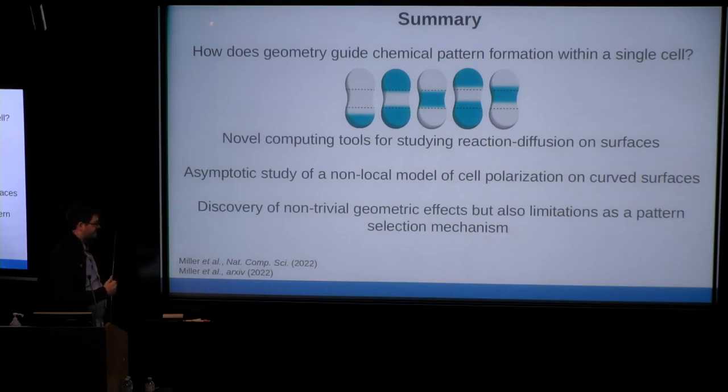And finally, we discovered a bunch of non-trivial geometric effects, things people hadn't expected before, things people had expected but never been able to prove or even numerically verify. So far, this has resulted in 2 papers, one dealing with the numerical study and one dealing with the asymptotics, plus Dan's paper about the upcoming generic surface code.